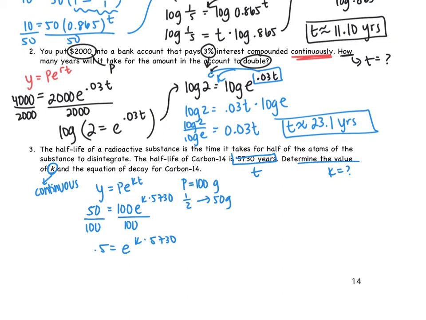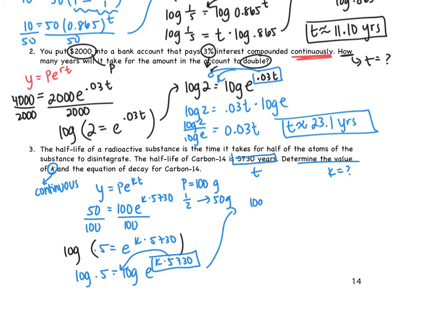Okay, so we need to find k and the equation. At this point, we're stuck in the form that we're in, so try taking the log of both sides and see if that helps. When we do that, we get log of 0.5 is equal to log of e to the power k times 5,730. We've talked about that power property of logs can come out in front.